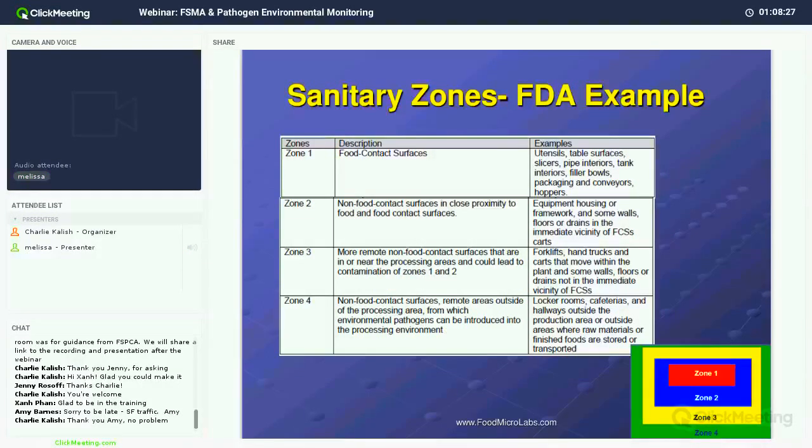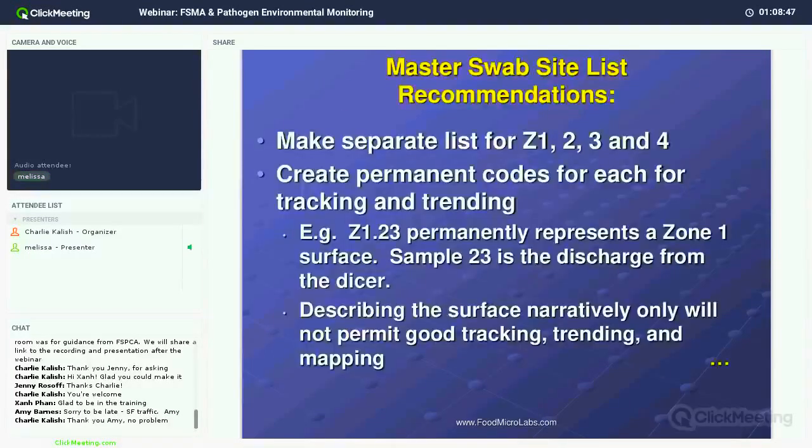And so understanding where those zones are in proximity to exposed food, we know that zone 1 is where exposed food and packaging contacts that surface. And then everything radiates out, and the higher the zone number, the further radiating from the food or food contact surfaces itself.